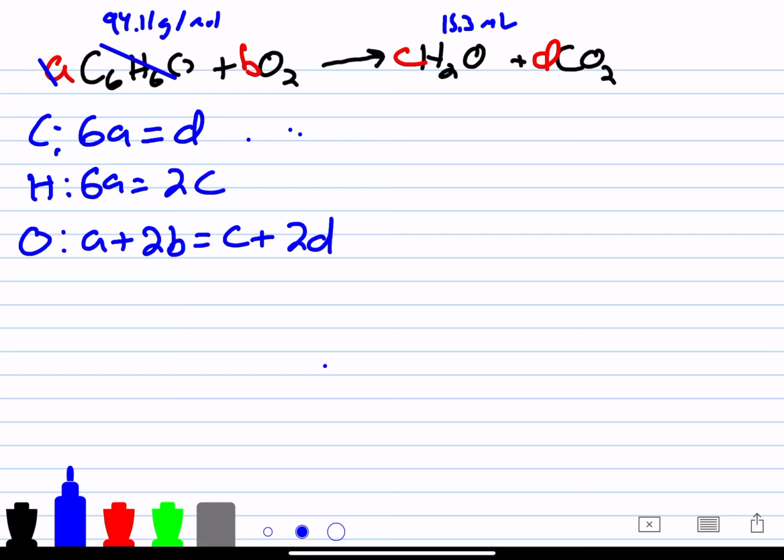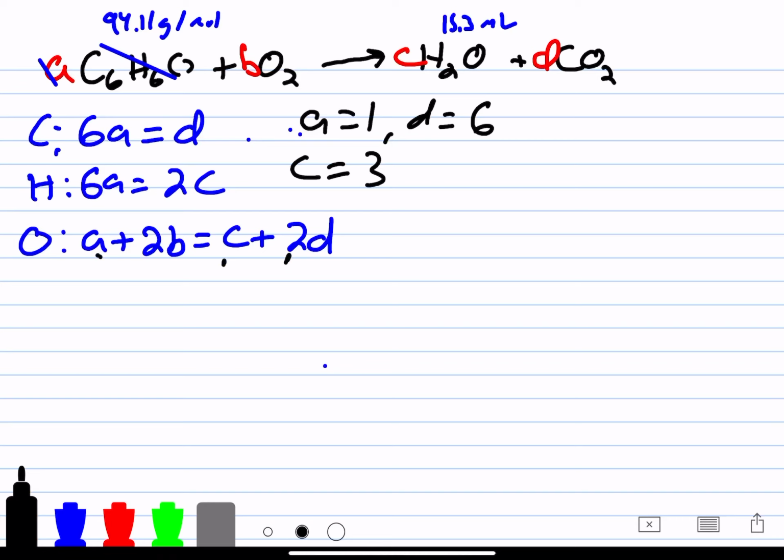So if we just arbitrarily set A to 1, that would mean that D would equal 6. If A was 1, then C would equal 3. So now that we know A, D, and C, we can plug those into here and solve for B.